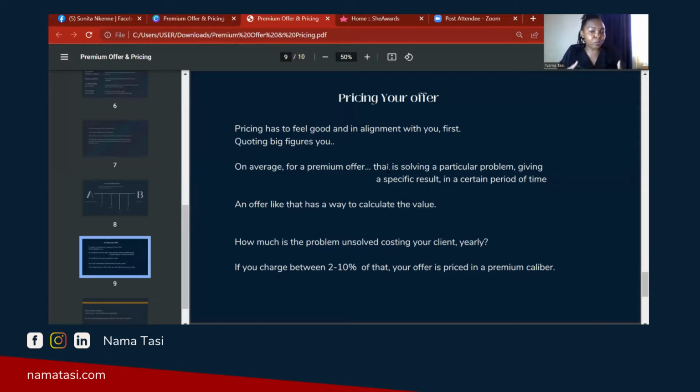You want to be really honest with yourself. So do the calculation. If, let's say, you're solving a problem that is not easily calculated, let's say your clients can't sleep at night, so you have a solution for that. Take them through the paces, and by the time they're done, they're able to sleep, maybe 5 hours. Because they can't sleep, the next day the energy is messed up.